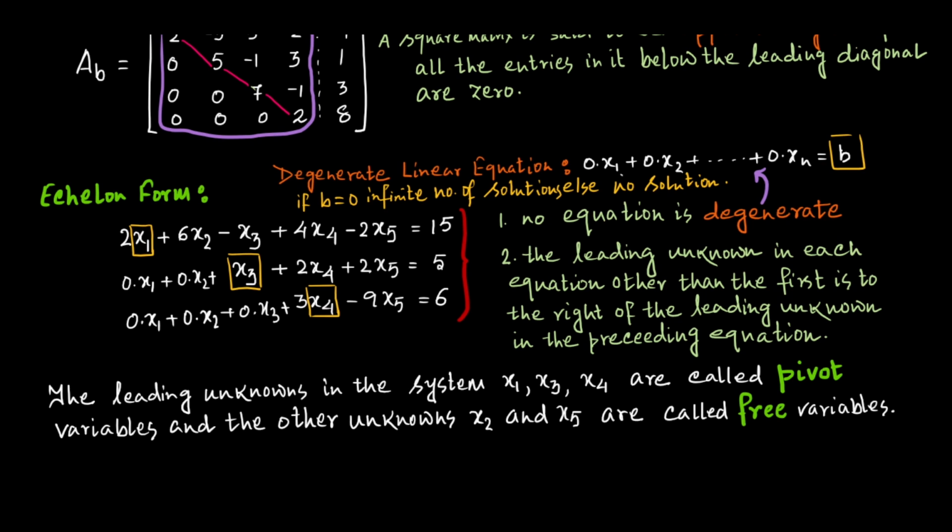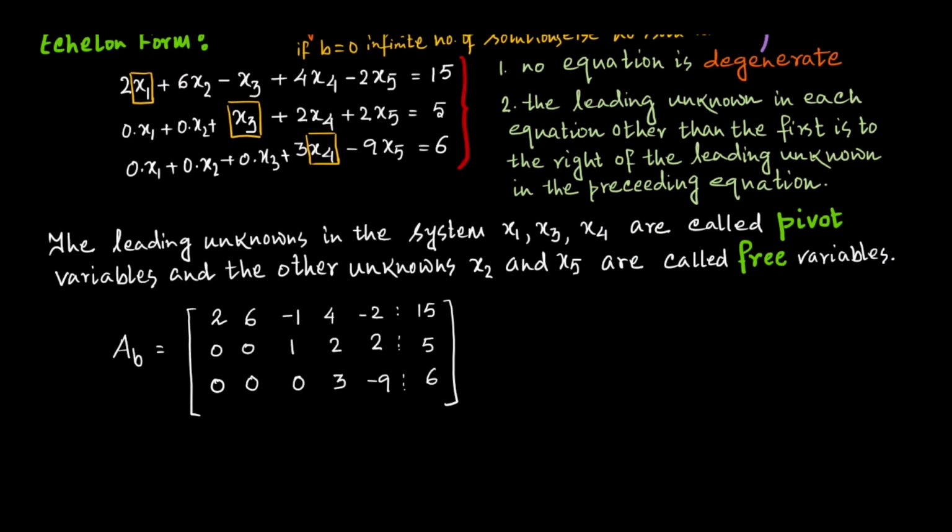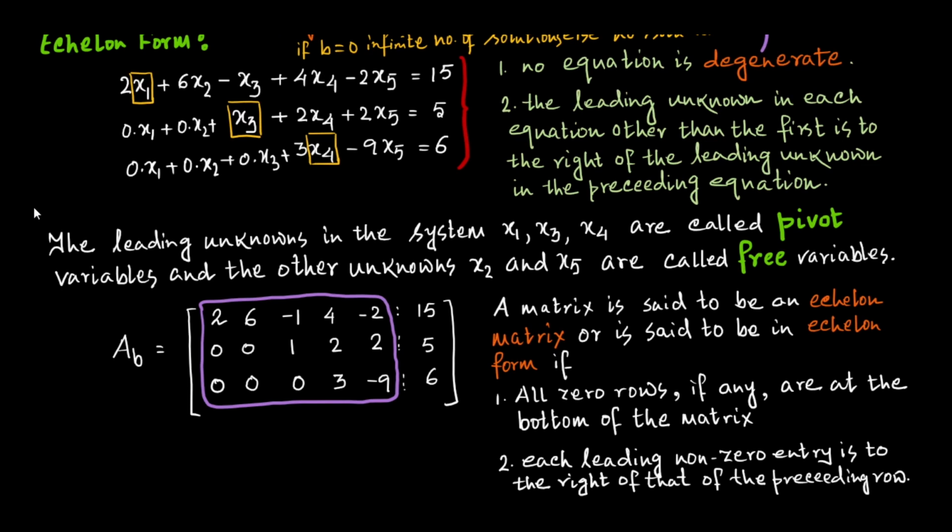Now, if we represent this system as an augmented matrix, then the system will look like this, where the partition containing the coefficient matrix is an echelon matrix. An echelon matrix can be defined in a similar way as a matrix where all zero rows, if any, are at the bottom of the matrix, and each leading non-zero entry in a row is to the right of the leading non-zero entry in the preceding row.